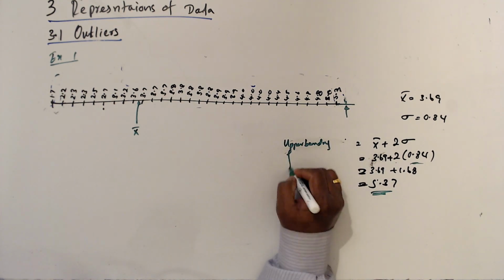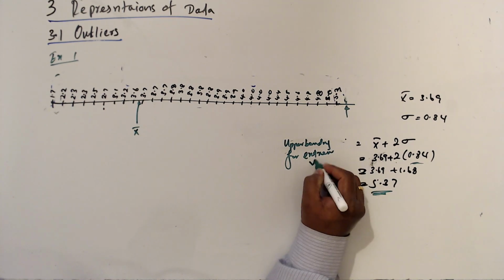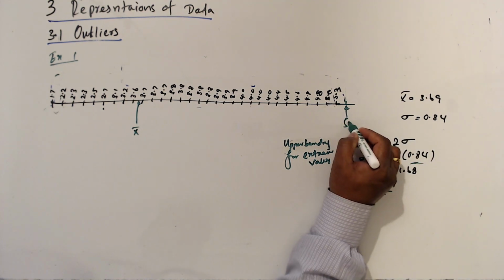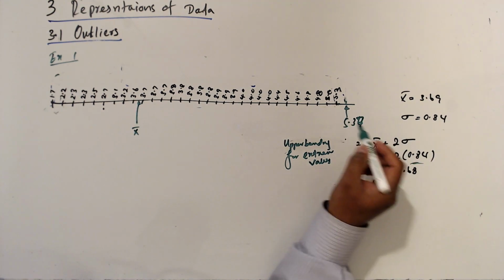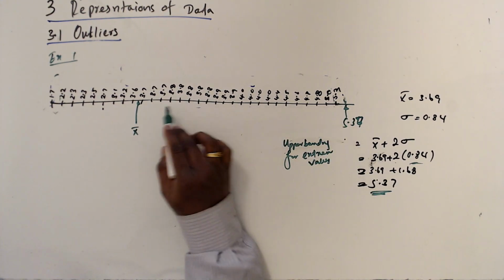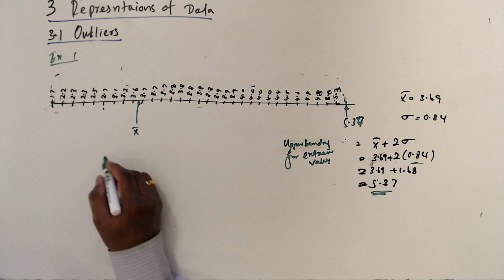This is the upper boundary for extreme values. So this value is 5.37. According to this value, there is no outlier remaining on this side. Now we'll look at the lower limit.